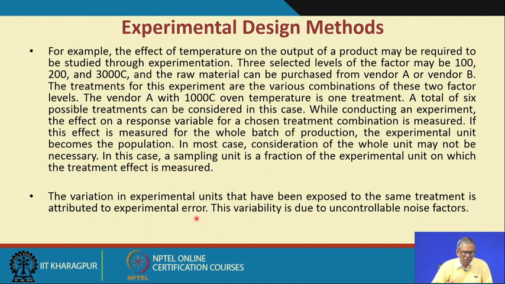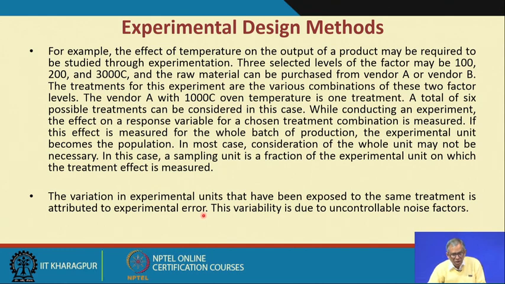Is it okay? So, this may be referred to as the experimental error. So, you have come across this particular term called experimental error. So, in any experiment you conduct, you must know what is the level of the experimental error, whether this experimental error is significant or not.